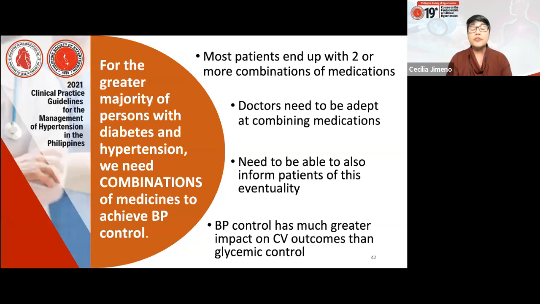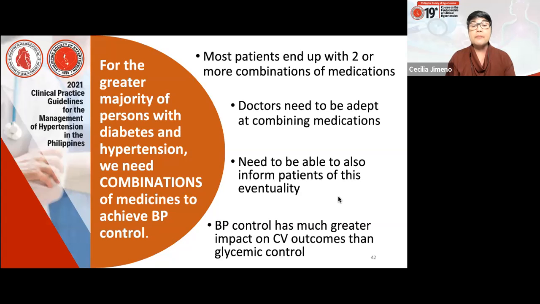So again, just to round up this discussion, for the greater majority of persons with diabetes and hypertension, we need combinations of medicine to achieve BP control, since most patients end up with 2 or more drugs anyway. And we need to be adept at combining medications because, like I said, it is difficult to control the blood pressure of persons with already established diabetes.